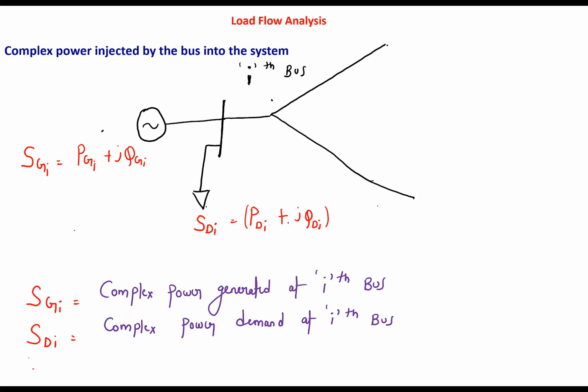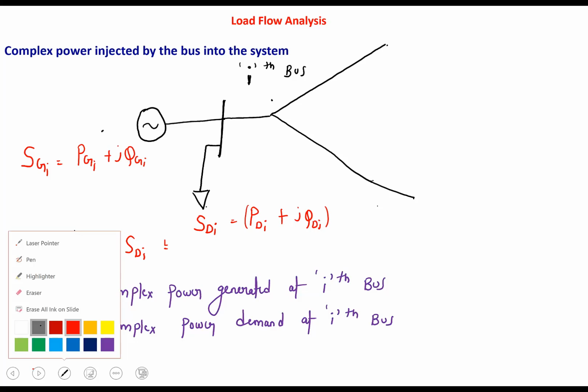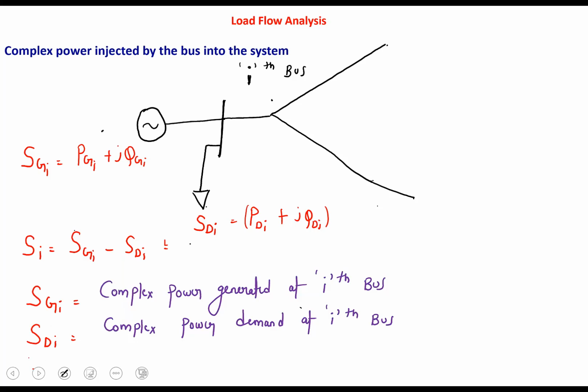Now if you subtract one from the other, you are going to get Si. Si equals SGi minus SDi. So Si becomes Pi plus jQi, which equals PGi minus PDi plus j into (QGi minus QDi).